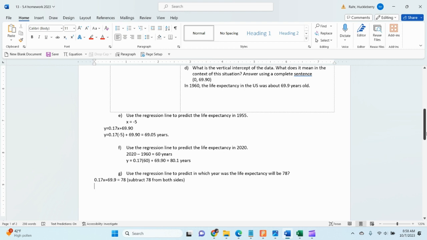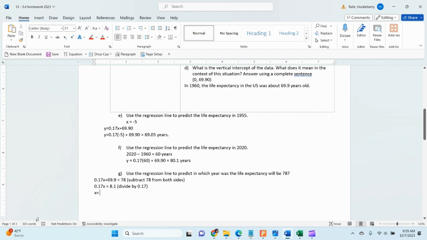All right. So 0.17x equals 8.1. Then I'm going to divide by 0.17. x equals 47.6.